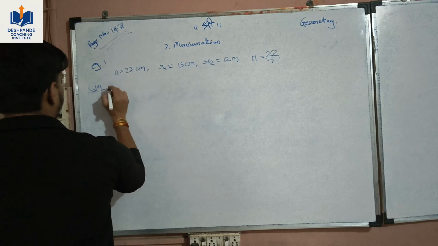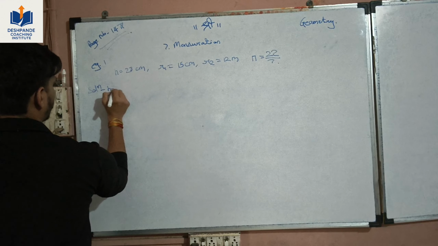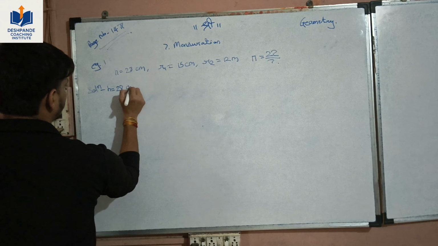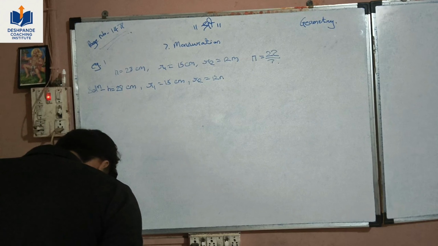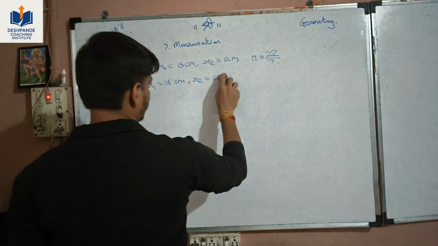In the solution we have to write what is given. So height is equal to 28 centimeter. Then radius 1 is equal to 15 centimeter. Again radius 2 is 12 centimeter. Sorry, it is not meter, it is centimeter.